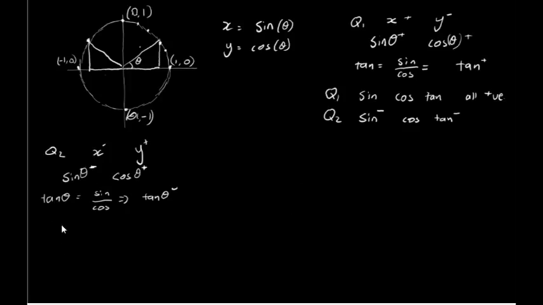For the third quadrant, so looking over here, let's pick another point. And this time I've got a negative x value. So x is negative. Y is also negative because we're going down. So y is also negative, which means we have a negative cos, we have a negative sine.